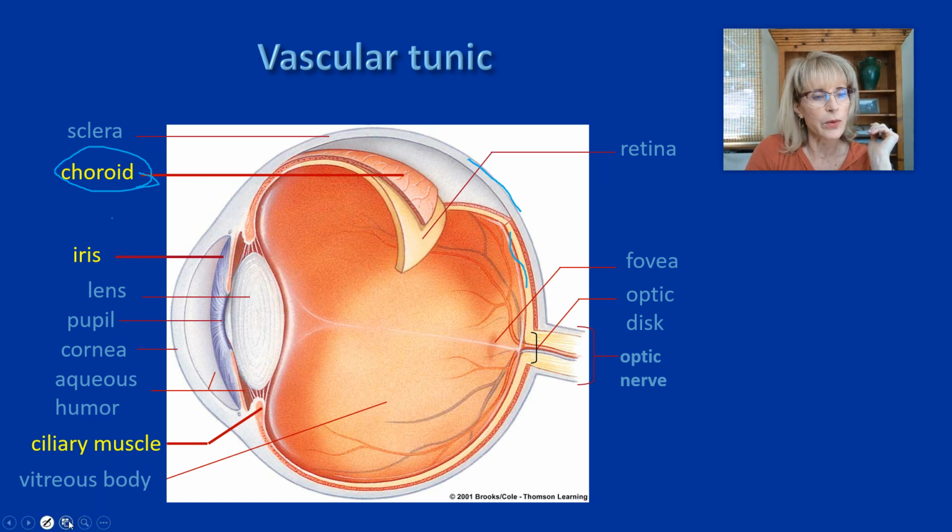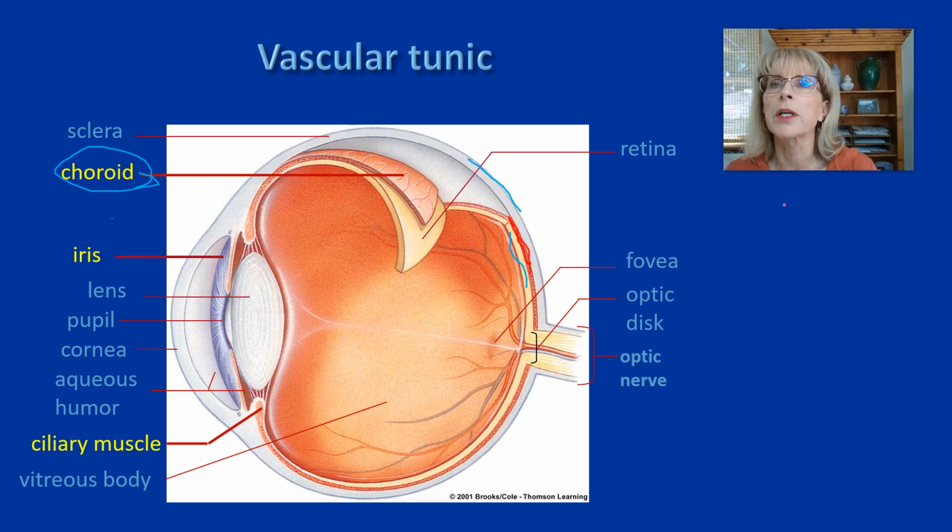So this layer right here in the middle, that is the choroid. And the choroid brings all of the important blood vessels to the retina. Retina's got lots of very active nerve cells and they need a lot of blood. The ciliary muscle is also part of the vascular tunic.